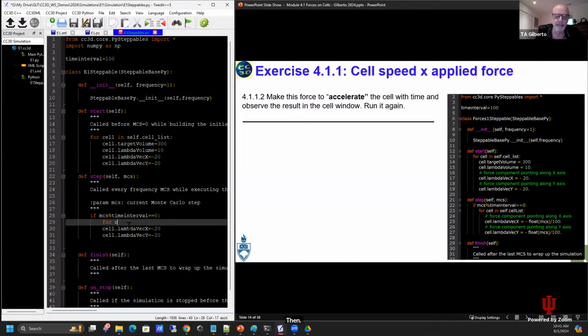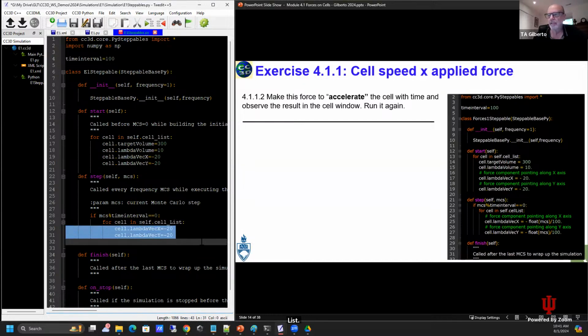I don't need to do that because I have only one cell. Anyway, for cell in self cell list, then I will accelerate.